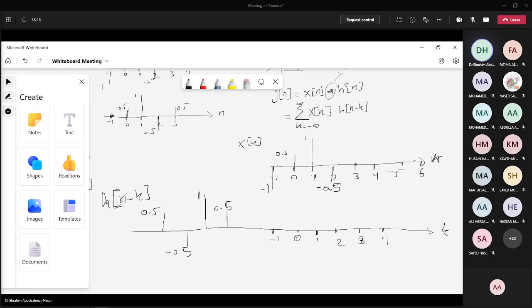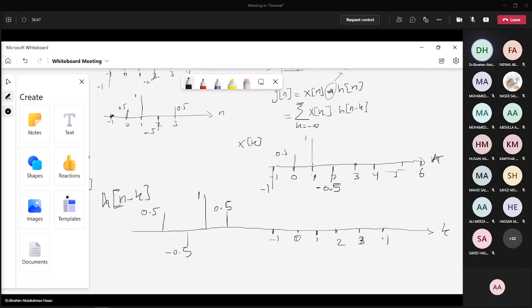By shifting this one, the point will be at 0. This will be minus 1, this one minus 2, this one minus 3, if we flip it.